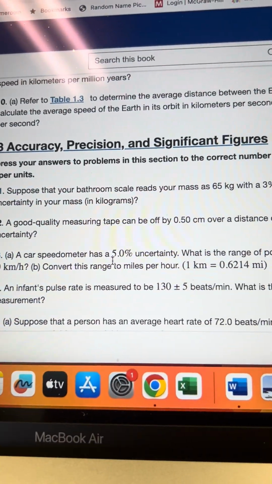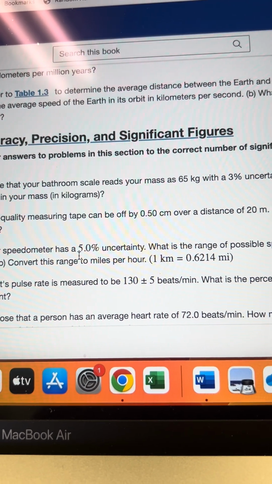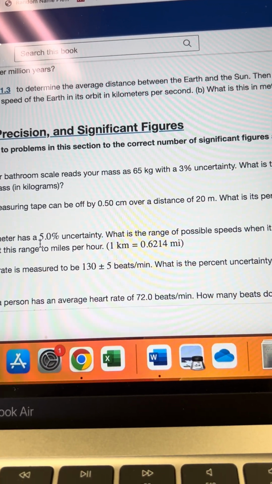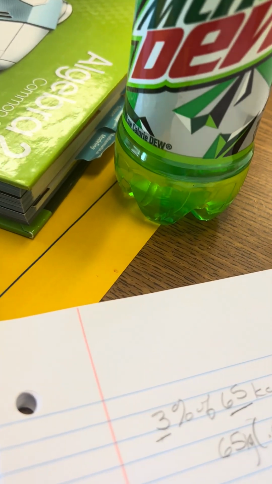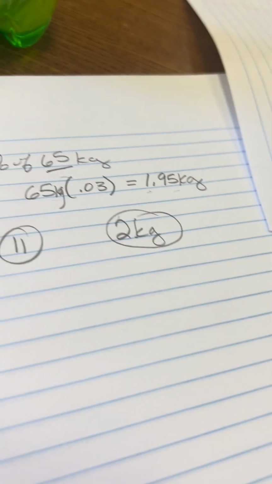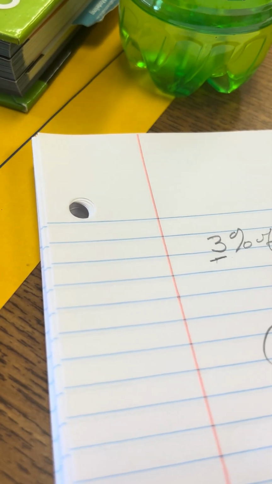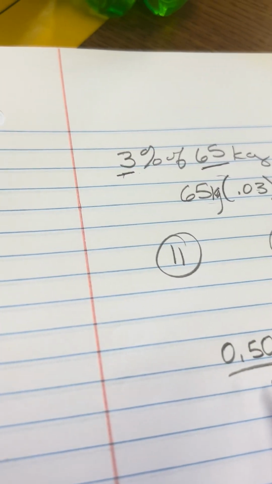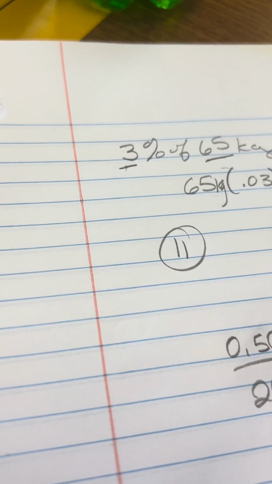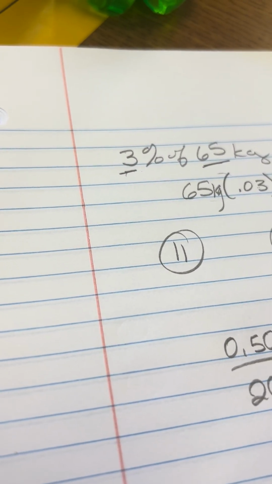All right, then on number 12, a good measuring tape can be off by 0.5 centimeters over a distance of 20 meters. What's the percent uncertainty? So here we have to figure the uncertainty. So we're off by this much over 20 meters. So you're dividing to get your uncertainty.